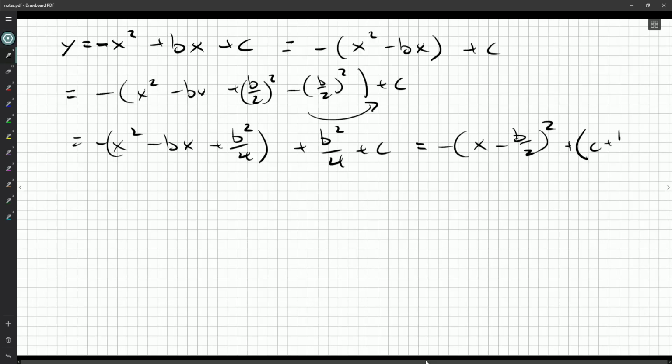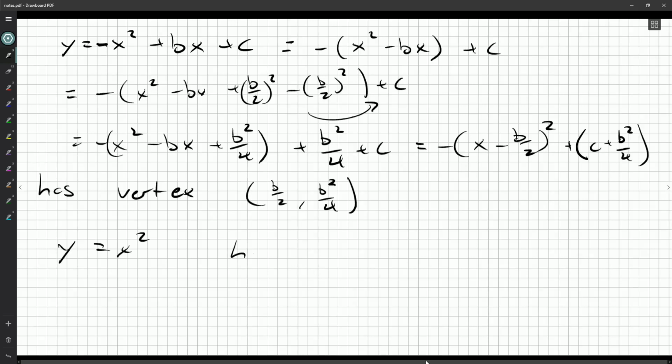And I don't know, we'll say C first just because it's the smaller one, or the less fractiony one. So this has vertex b over 2, b squared over 4. Y equals x squared has vertex 0, 0.